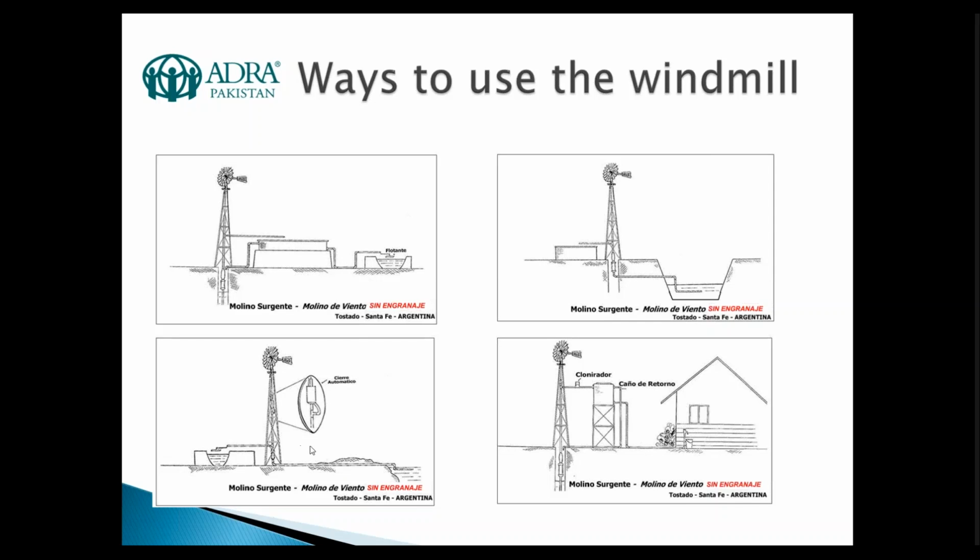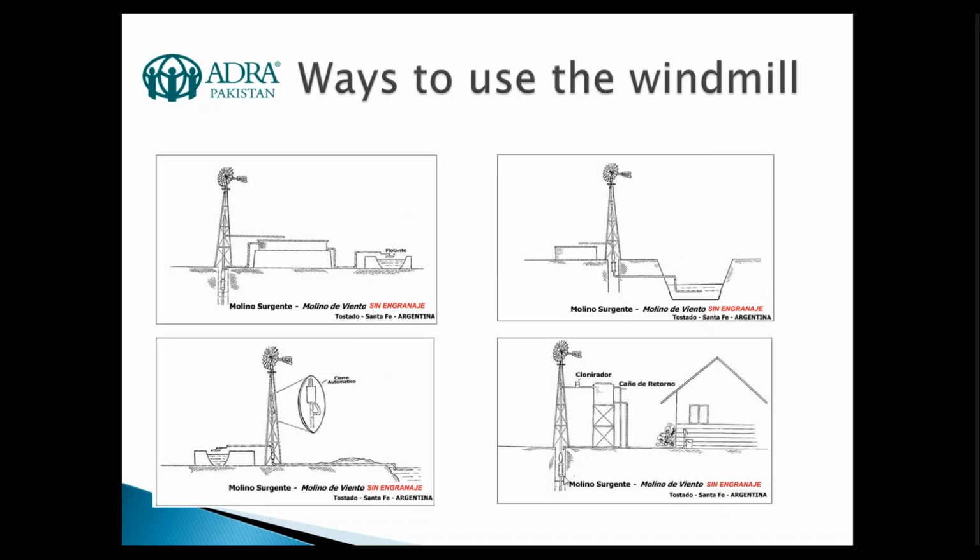In this one, you can see also a river here, pumping from the river to fill one container for cattle or for animals. And for this, you can also get a device that will shut down the windmill pumping because the container is already full. And this is the traditional one, the bottom right.